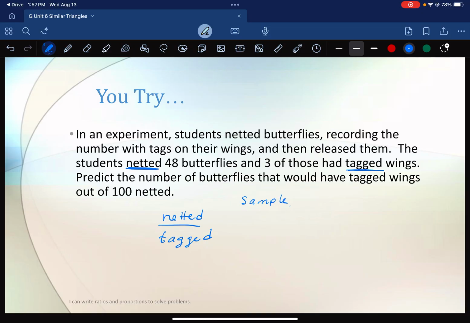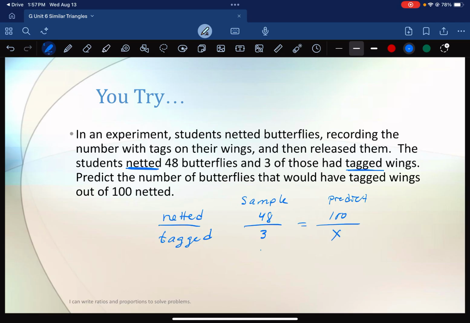That's when the students went out. Okay, and then we're going to have a prediction over here. So in our sample space, we had 48 netted and 3 tagged. We want to know out of 100 netted, how many are tagged.